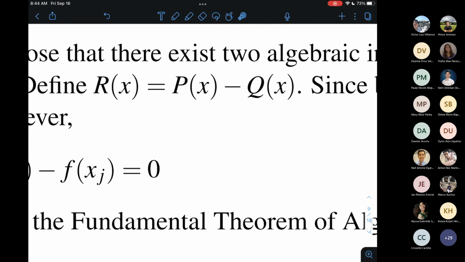Hindi natin alam kung sila ay eksaktong n, pero sure ako, ito ay less than or equal to n. So the difference of two polynomials of degree less than or equal to n will also be less than or equal to n. So that's the only thing we are sure of. The degree of R is no more than n. Hindi siya lalampas ng n, right?